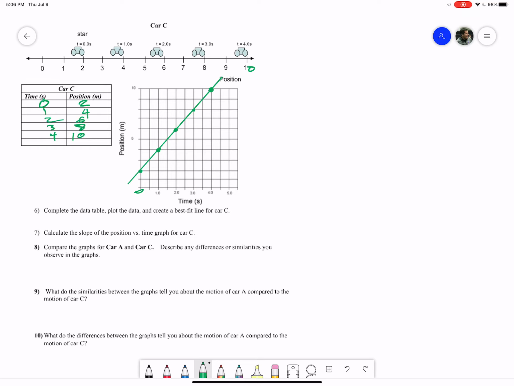Let's calculate the slope. Again, when I calculate slope, as always, I'm doing y2 minus y1 over x2 minus x1. But I always think it's the best idea to get the 2 farthest points you can. And we're just using our data, so we're not really counting squares, we're just looking at our data. So I'm going to look at this point and that point.